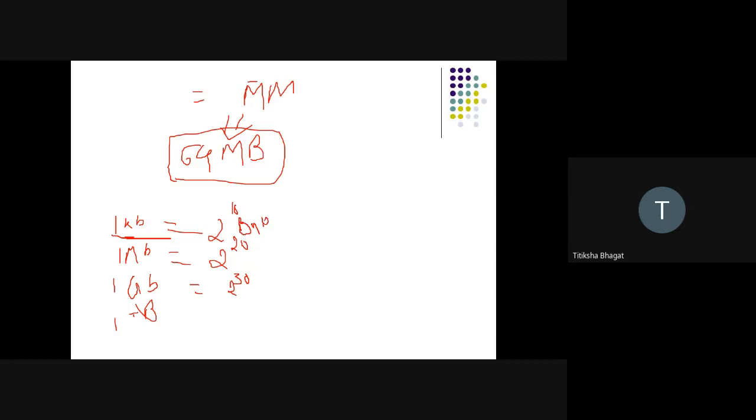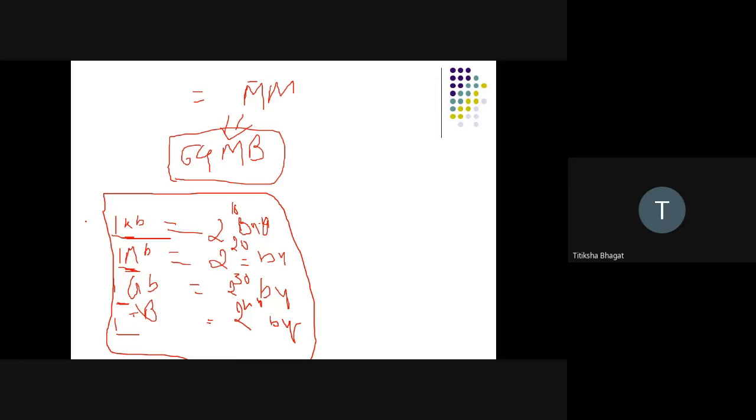If my memory is 1 MB, it is 2 raised to power 20 bytes. If it is 1 GB, it is 2 raised to power 30 bytes. If my main memory is 1 TB, it is 2 raised to power 40 bytes. You need to note this. This is very important.